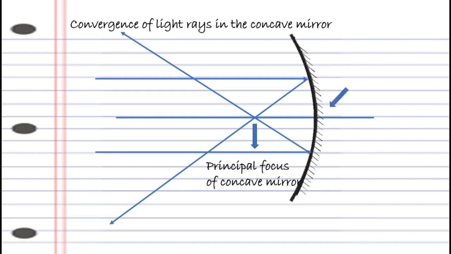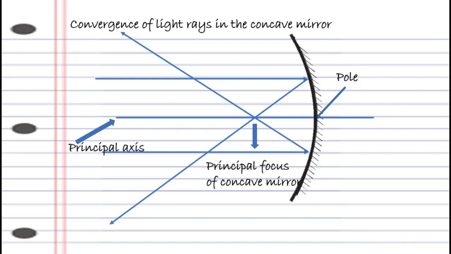The center of the mirror here is called the pole. And there is an axis which passes through. It's not a ray. We call it an axis, and we will refer to it as the principal axis, right?